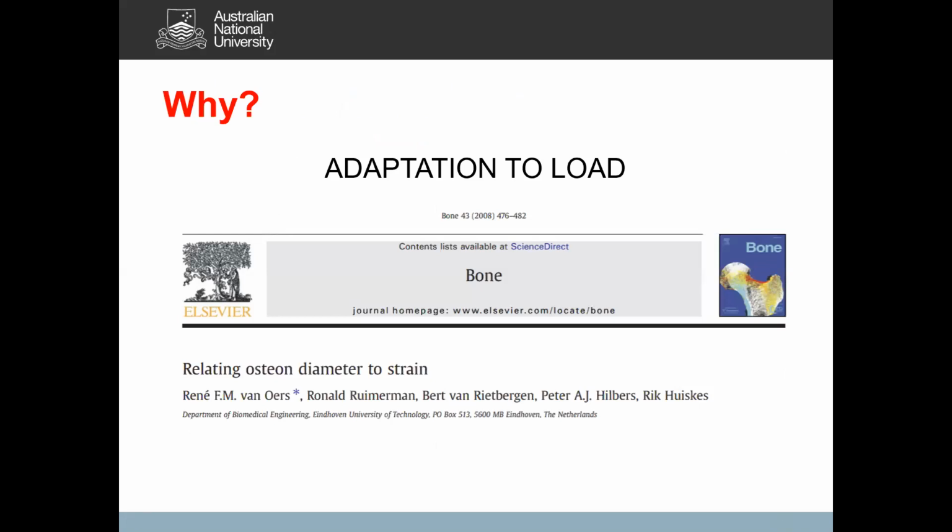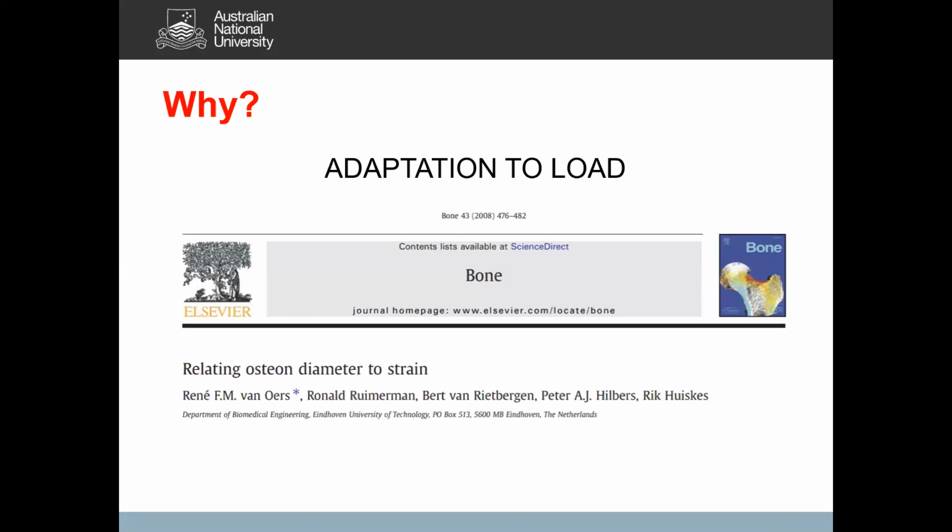And why would you want to do it? Well, my biggest interest, and according to the literature why people mostly study these geometric properties of osteons and the Haversian canals, is looking at adaptation to load, so localized biomechanical remodeling. In fact, Van Oers and colleagues in 2008 published what we now refer to as one of the most important papers on the geometric properties of secondary bone, called Relating Osteon Diameter to Strain.